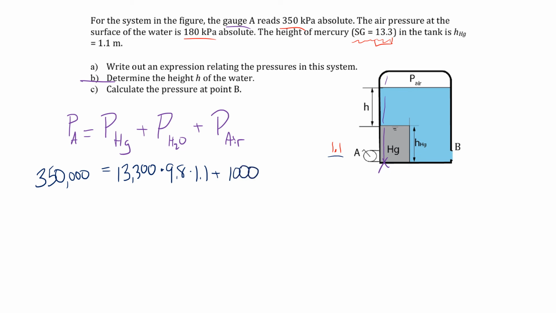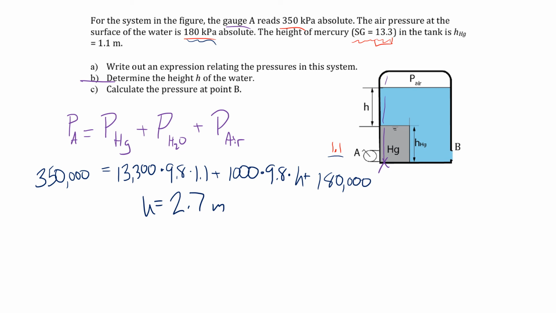It's going to be the same formula, rho GH, times 9.8, times H. I don't know what H is, but that's what I'm looking for. Plus the pressure of the air, which is 180 kilopascals. So let's throw on the thousands. We have a couple terms here, and we just got to solve it for H. H is going to equal about 2.7 meters, which seems reasonable given the picture here.